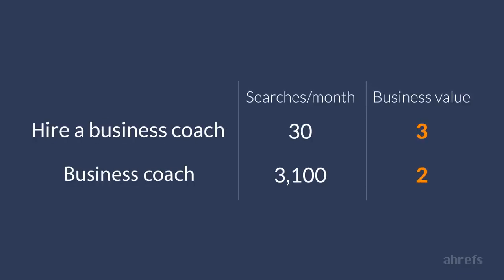So if the more specific search query with a clear buying intent gets a business value of 3, the generic one would still get 2 from me. All you need to do is just stay reasonable with your business value scores and don't fall for writing guides on how to create a GIF image, unless of course you sell some kind of software for creating GIFs.